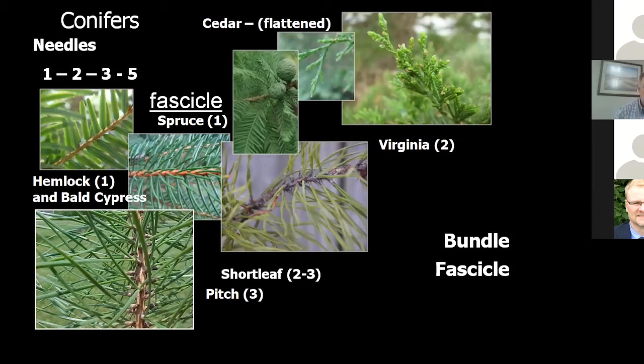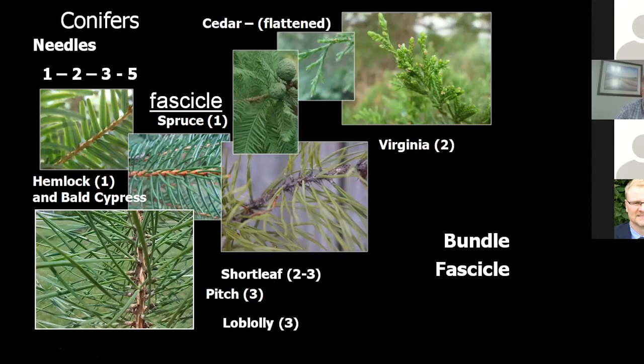What will happen is most students will go up to a tree and look at one characteristic, one location on that limb, and they will put all of their scientific knowledge into that. But on the shortleaf, if you look up and down the limb, you will find some fascicles with 2, some fascicles with 3. But it looks very similar between a Virginia and a pitch pine.